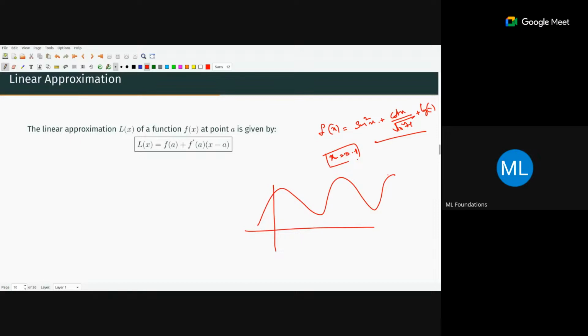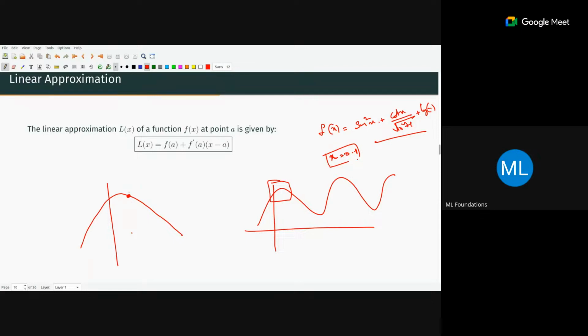So you cannot get a linear approximation fit for this whole graph. Rather, if I zoom into this part a bit, it will look like this. If you are worried about this particular point and want to approximate it, treat the function like this.